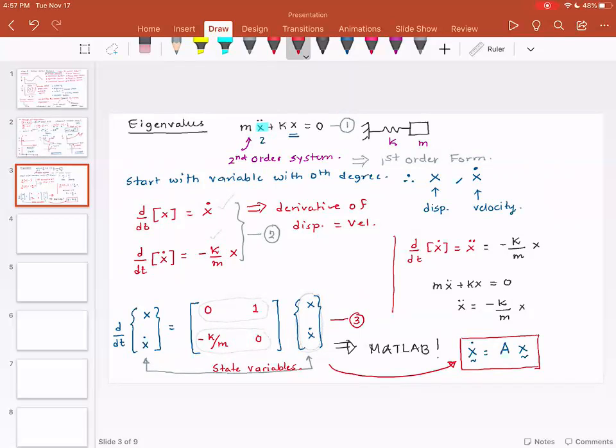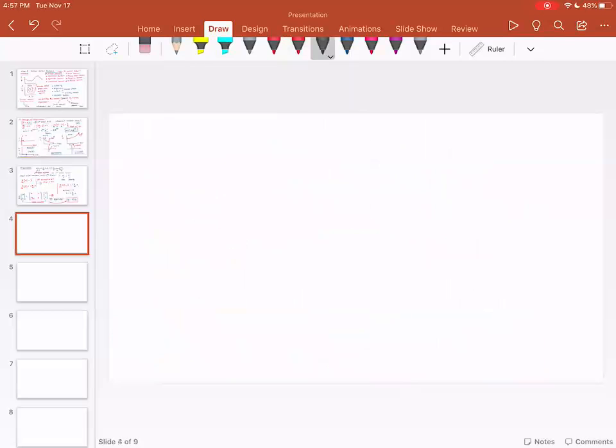And I will try to give you more physical interpretation and understanding than the rigorous mathematics. So think about it, you have X dot is equal to AX.